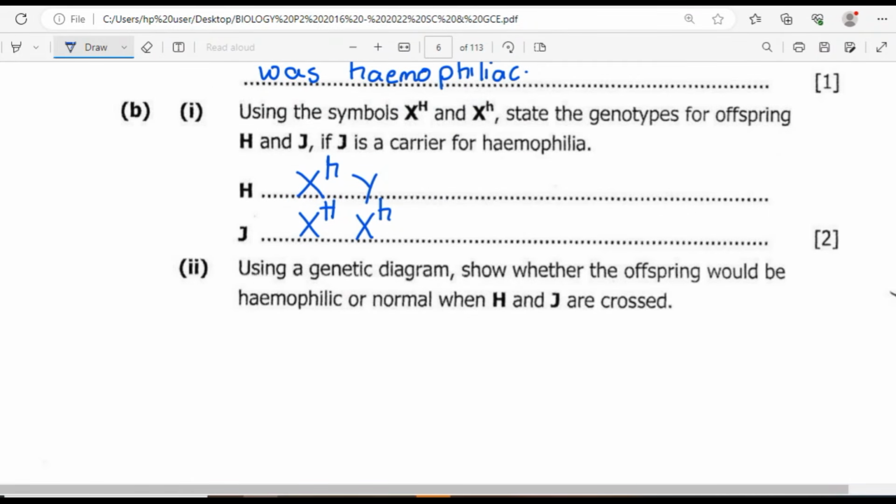Now, using the genetic diagram, show whether the offspring would be hemophiliac or normal when H and J are crossed. First, begin by looking at the parental phenotype.